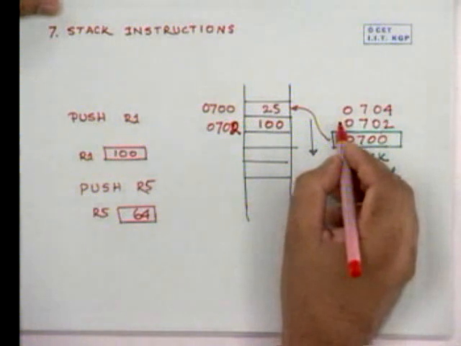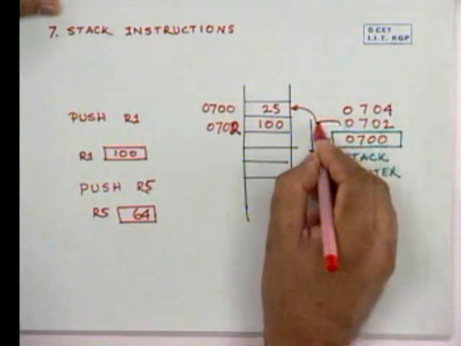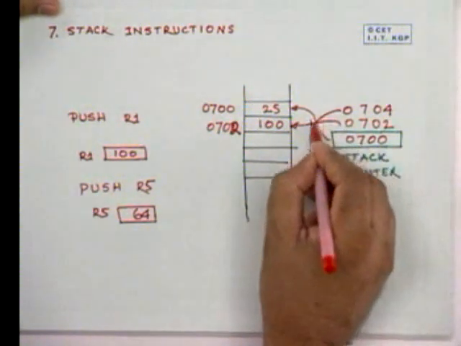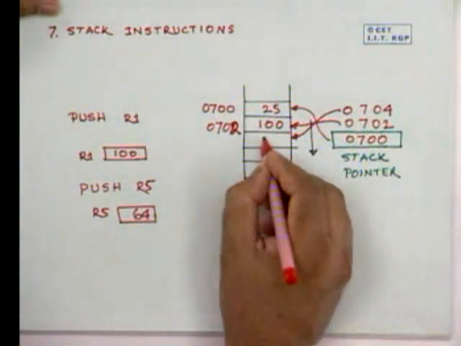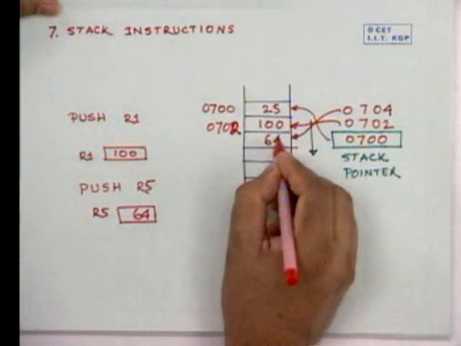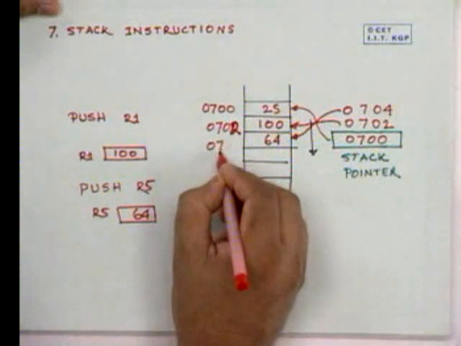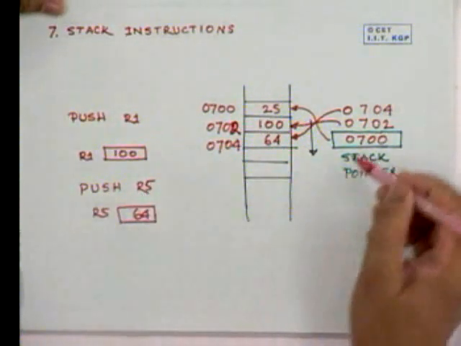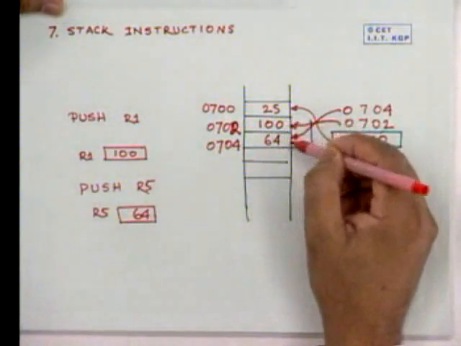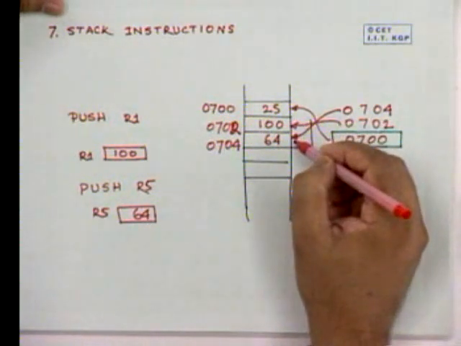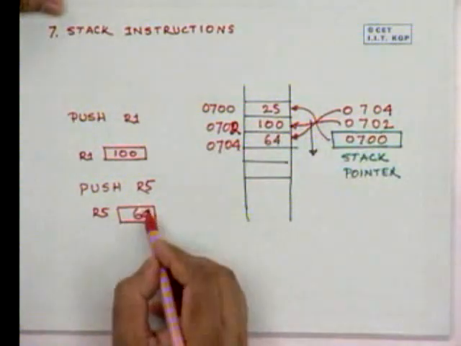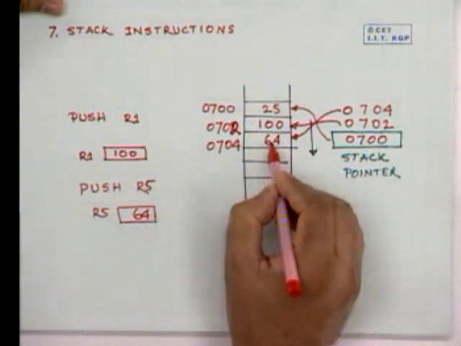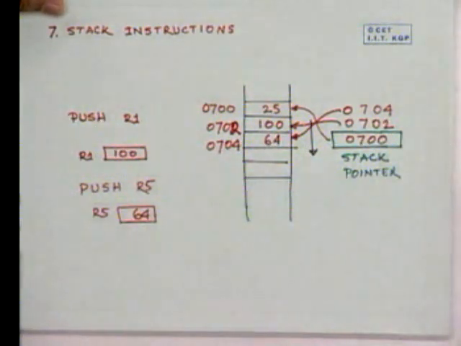It was pointing to here, it will now be pointing over to here, and 64 will be pushed here, the location being 0704. Therefore, in every push instruction, the stack pointer is first incremented to point to the next memory location, and the operand is pushed as the top element of the stack.